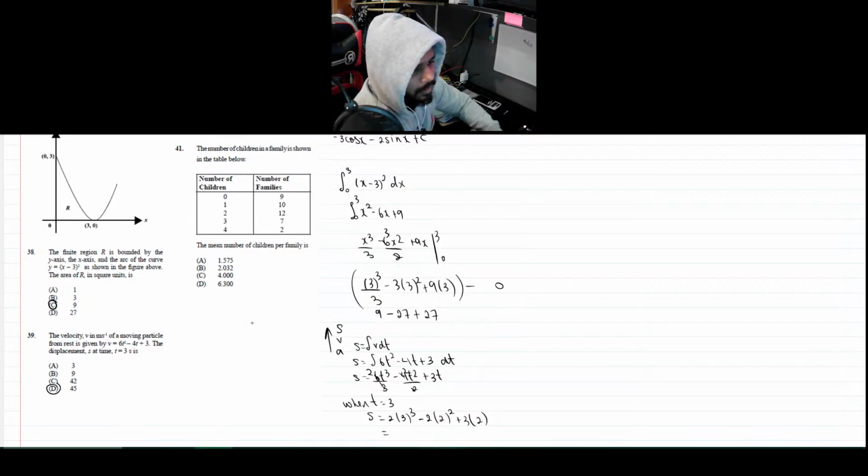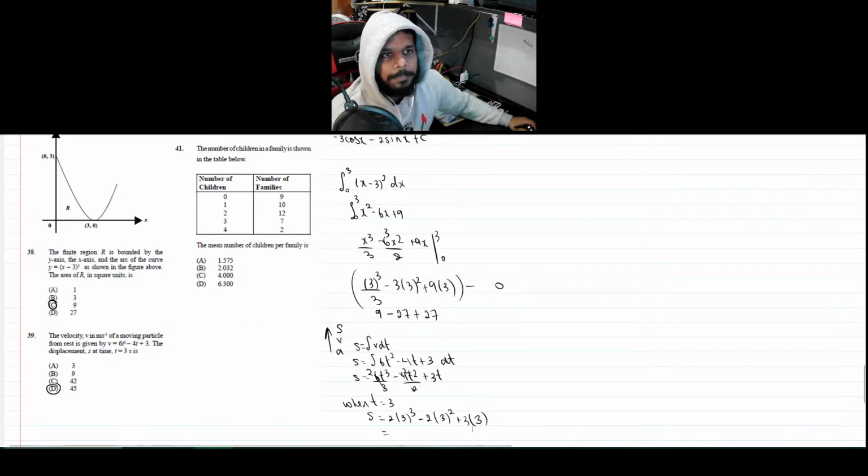My mistake, I substituted t equal to 2. This is supposed to be 3, and this is supposed to be 3. My little blunder there.